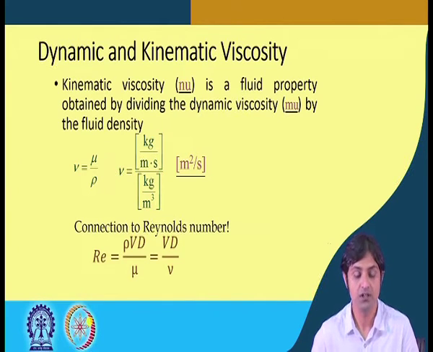V is the velocity, d is the characteristic dimension, or in the case of a particle or a sphere, it could be a diameter, and nu is the kinematic viscosity of water.